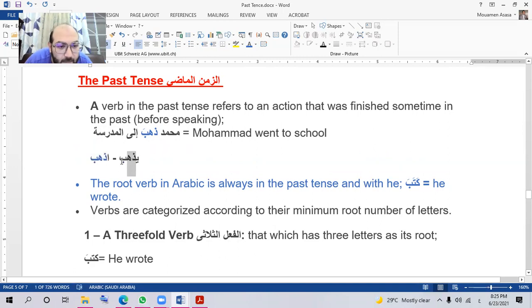You see these three letters? This is the root of the verb.